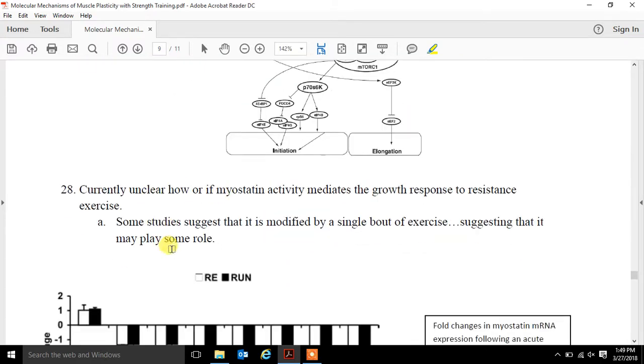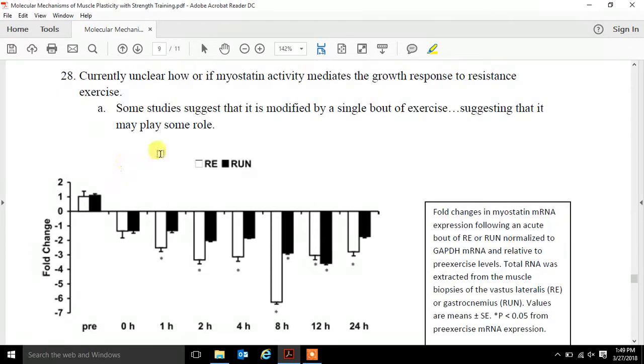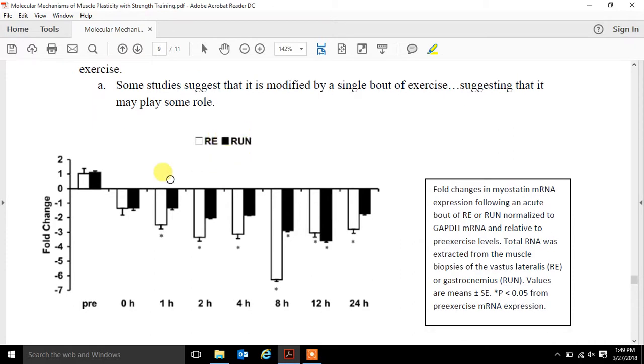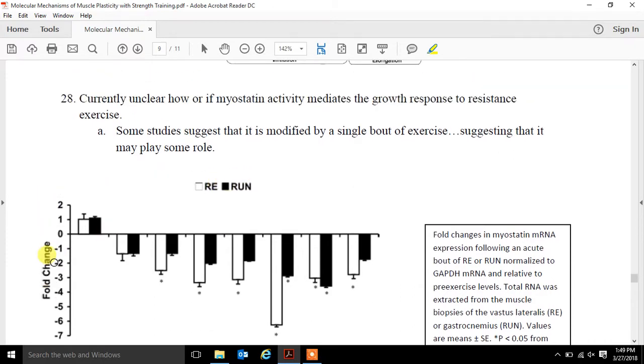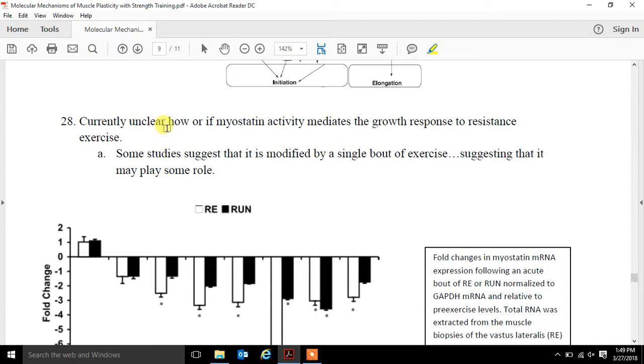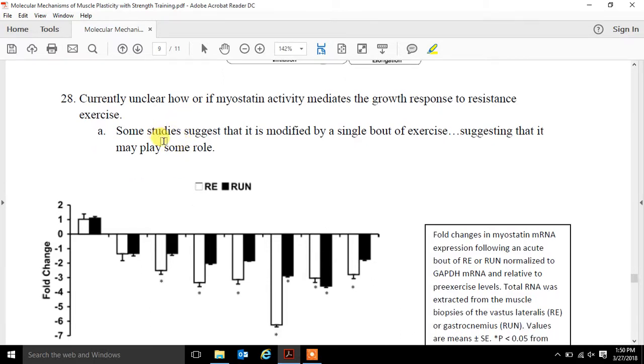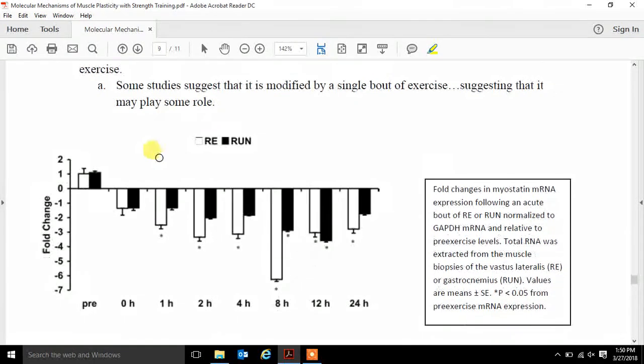I do know in response to exercise, so this is from muscle biopsy, we've got resistance exercise and running exercise, and we talk about fold change. This is a single bout of exercise, suggesting it may play some role. There's really conflicting data in response to just training, how big a role myostatin plays.